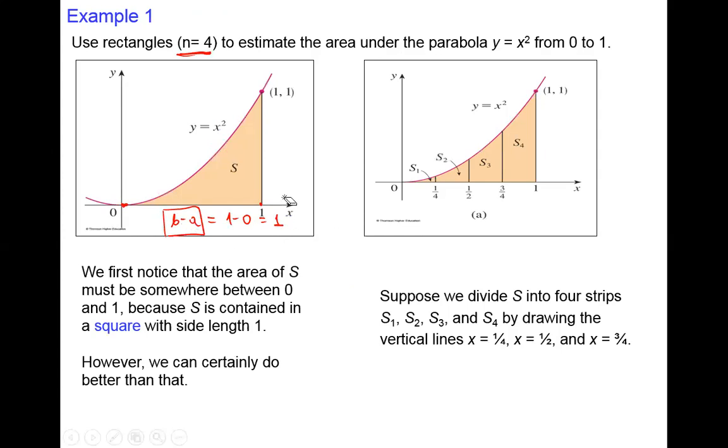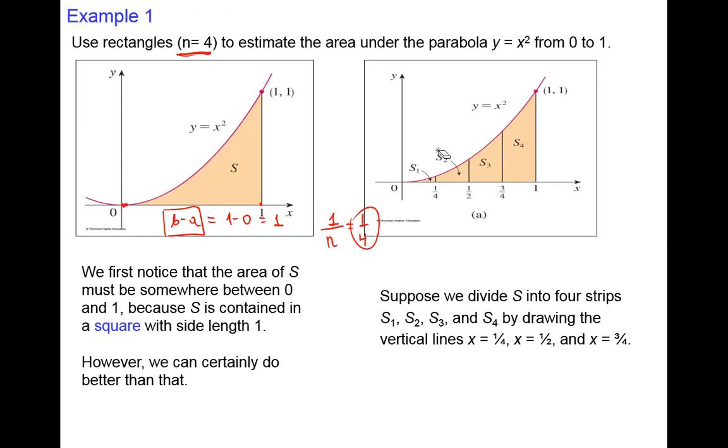That means the distance is 1, and I took that 1 and divided by n, which in this case is 4, so 1/4. The width of each sub-interval is 1/4. Another 1/4 gives me half, another 1/4 gives me 3/4, and 4/4, of course, is the whole 1.